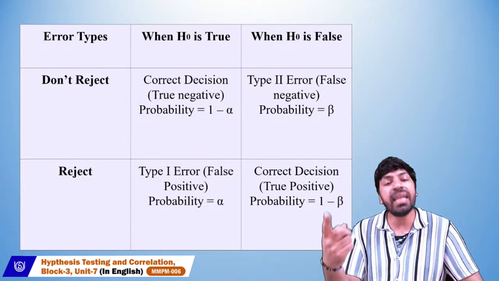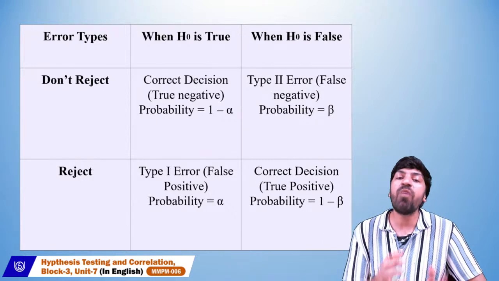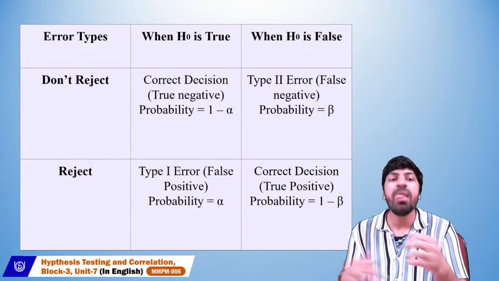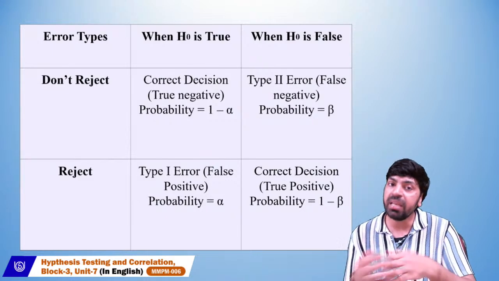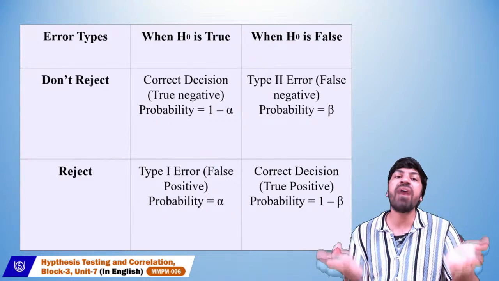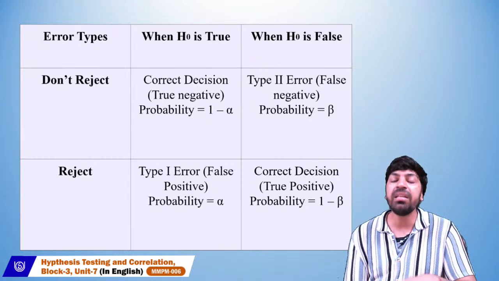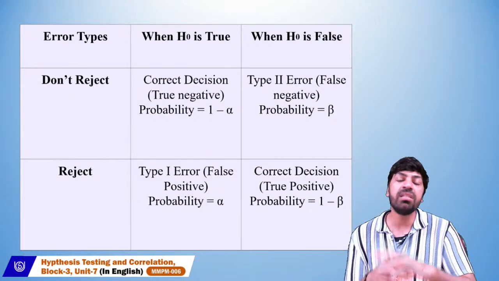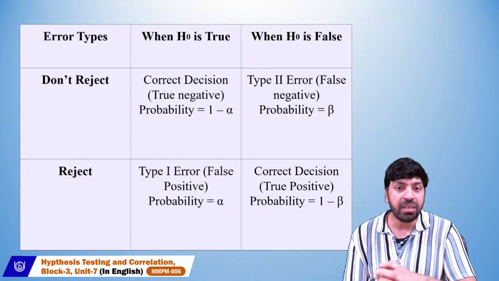In that case, the probability value will be calculated as 1 minus beta. So this is how type 1 and type 2 errors can be explained, and how the correct decision is to be considered, using this chart while calculating the probability values.